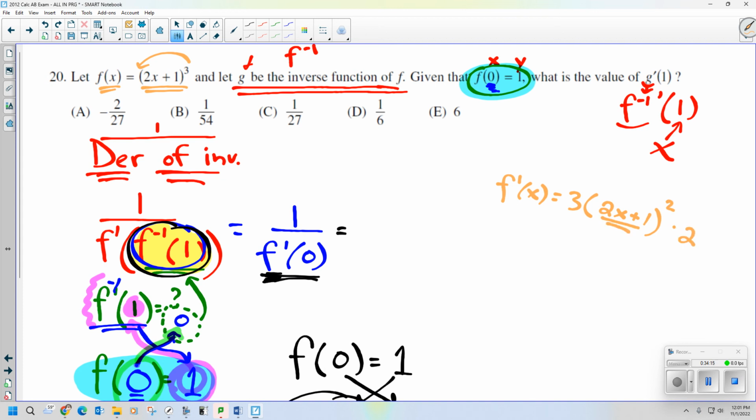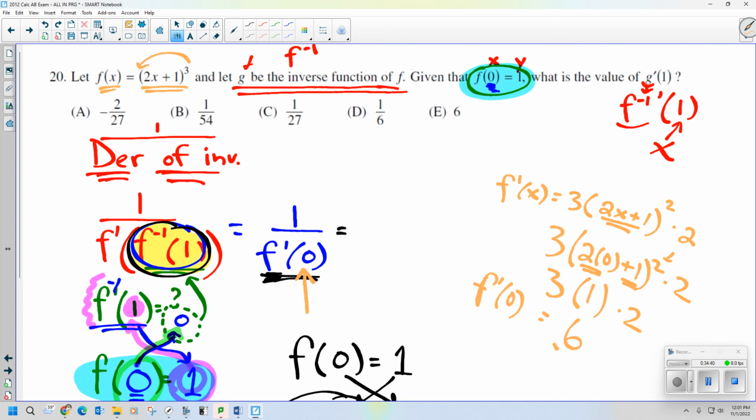I want this at an x value of 0. So 3 times (2 times 0 plus 1) squared times 2. 0 plus 1 is 1. 1 squared is 1. 3 times 1 times 2, 6. That's f prime of 0. That's exactly what I want for the bottom here.